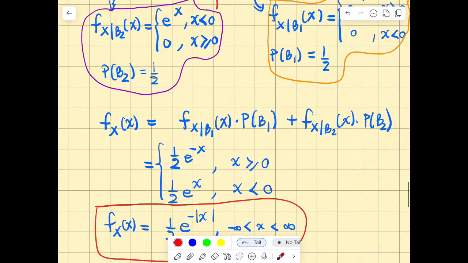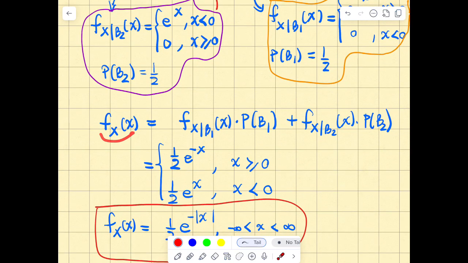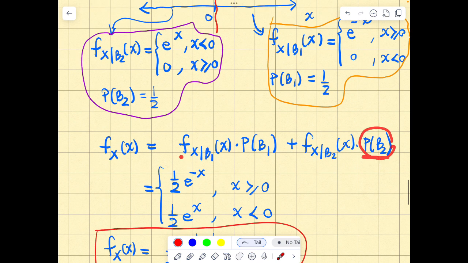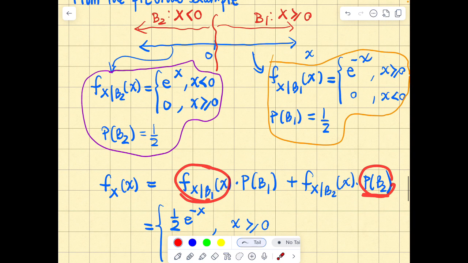Now, if you want to find the unconditional PDF, then you take the conditional PDF given B1 multiplied with its probability, so this is 1/2. The conditional PDF given B2 is multiplied with the probability of B2, which is another 1/2. So the conditional PDF given B1, it's this multiplied with 1/2, right?